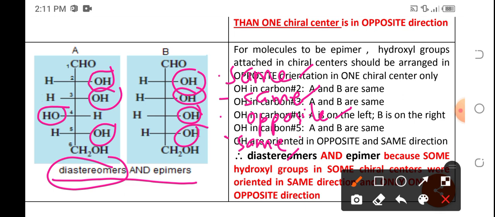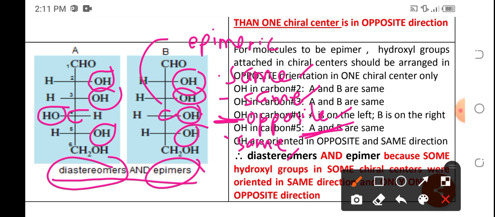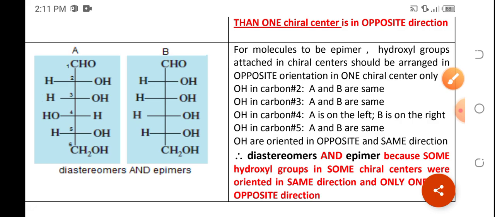But because there's only one opposite orientation, then that makes it an epimer. And we call that yung dun sa kung saan nag-opposite na yan, this carbon atom, aside from being a chiral center, it could also be known as the epimeric carbon atom. Epimeric carbon. Okay? So, epimeric carbon atom siya kasi dyan sa carbon atom na yan, dyan lang nagkaiba yung orientation ng hydroxyl.